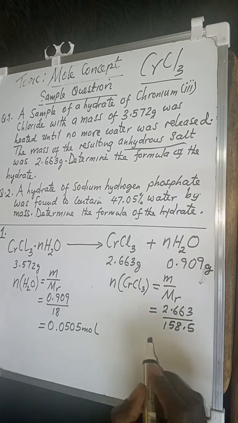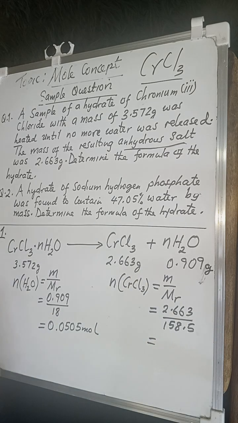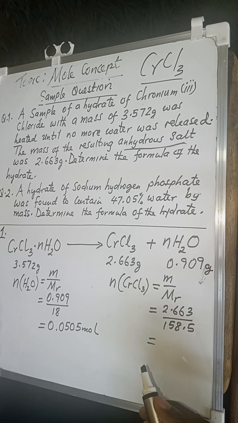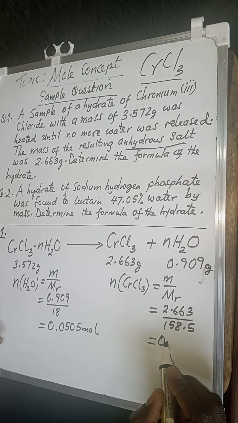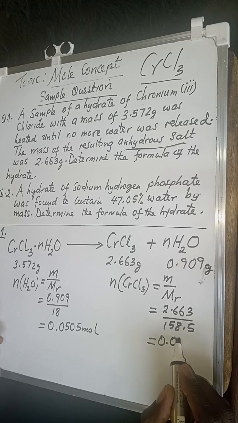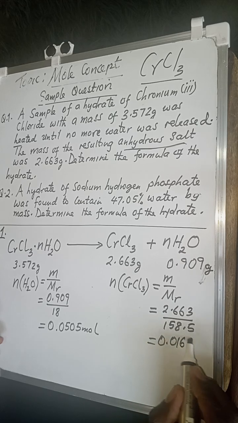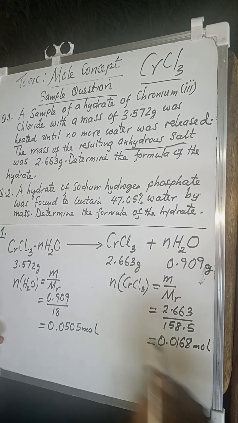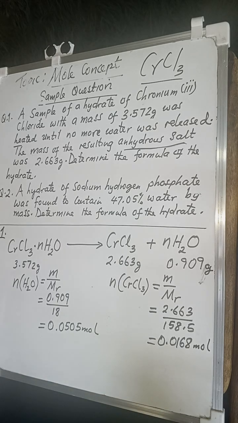Therefore, when we divide 2.663 by 158.5, we can leave it to maybe four decimal places. It is going to give us 0.0168 moles of the chromium 3 chloride.